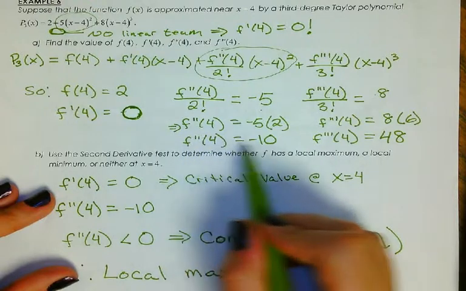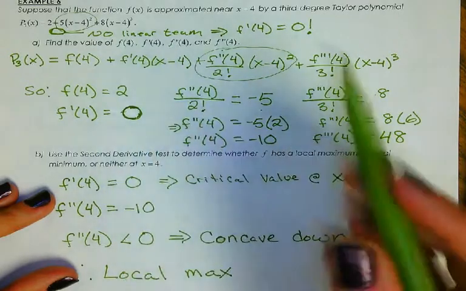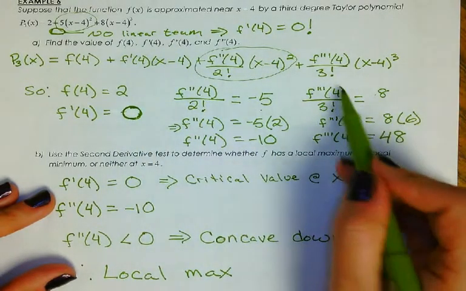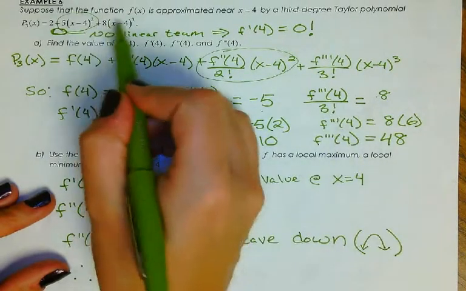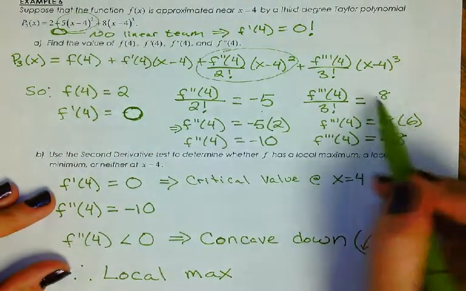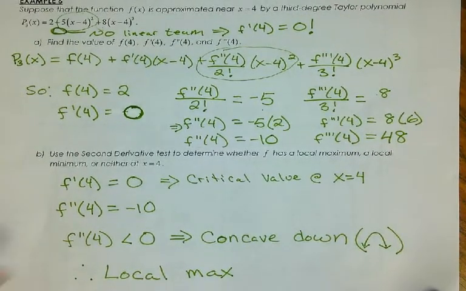So the second derivative at 4 is -10. Now I need to do the third derivative. Your third derivative evaluated at 4 divided by 3 factorial, according to this, must be 8. Then you just cross multiply and solve for the third derivative there.